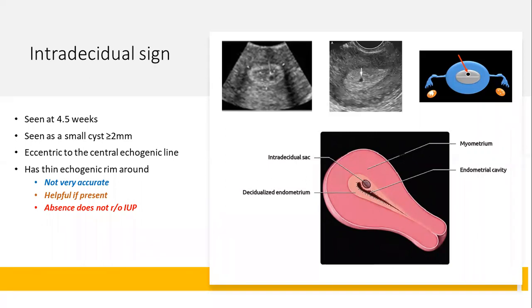Before I go any further, in the first trimester it is recommended that we use a transvaginal probe, as this is high resolution, and we can only make a diagnosis of early pregnancy failure when we are using a high frequency transvaginal probe, sometimes in conjunction with beta HCG levels.